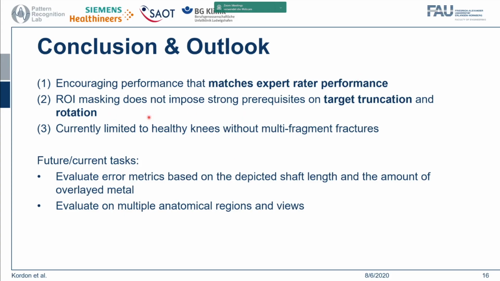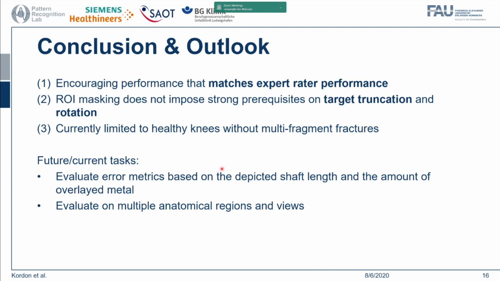And our ROI masking is pretty flexible and can be adopted to many different anatomies, and this also does not impose strong prerequisites on the truncation or the rotation of our anatomy, since we can employ those in our network training. One limitation of our approach currently is that we are limited to healthy knees, which means that our approach will fail for knees or bones where you have multi-fragment fractures, which are dislocated to quite a big extent.